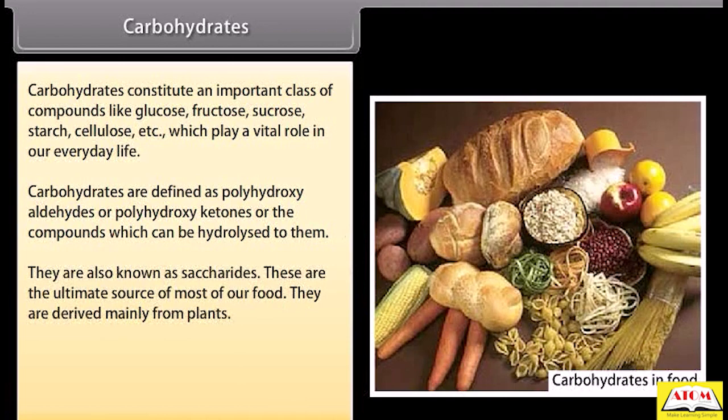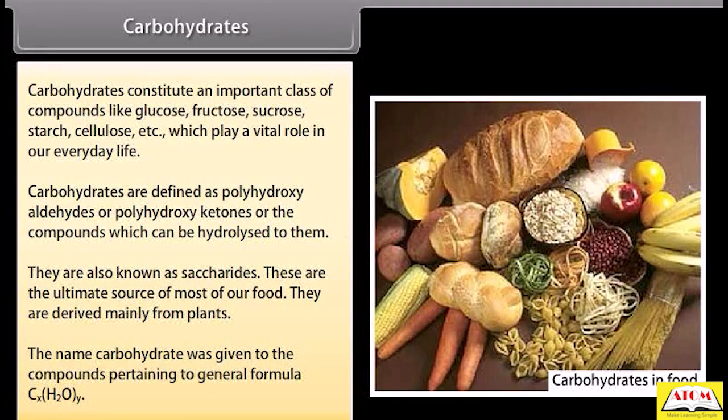They are also known as saccharides. These are the ultimate source of most of our food. They are derived mainly from plants. The name carbohydrate was given to the compounds pertaining to the general formula CxH2yOy.